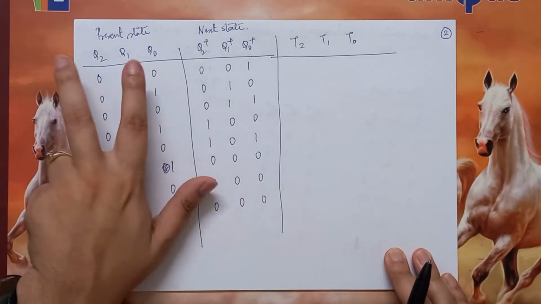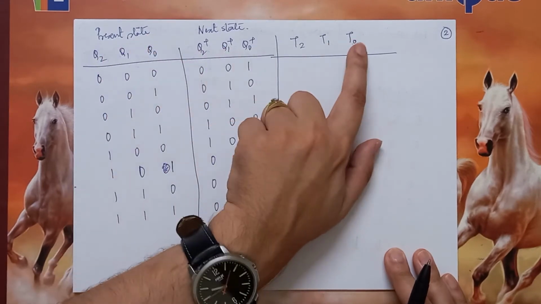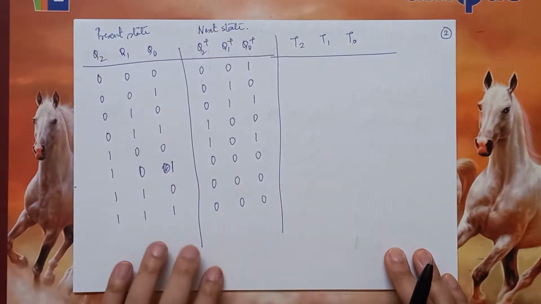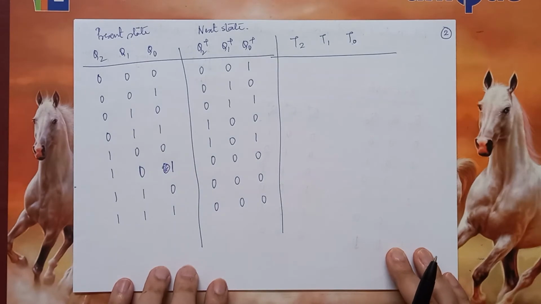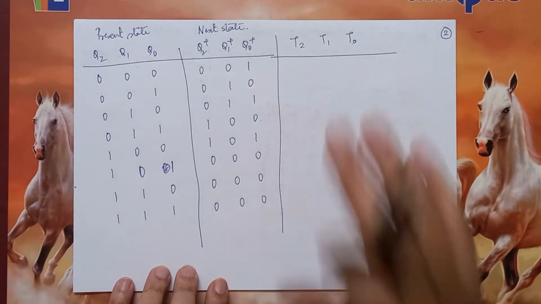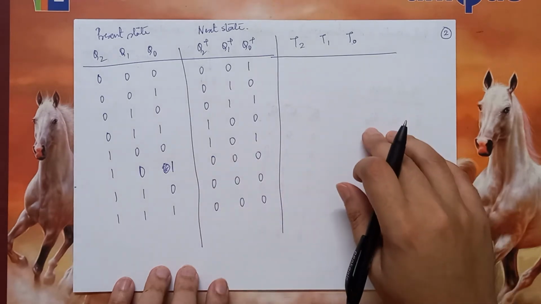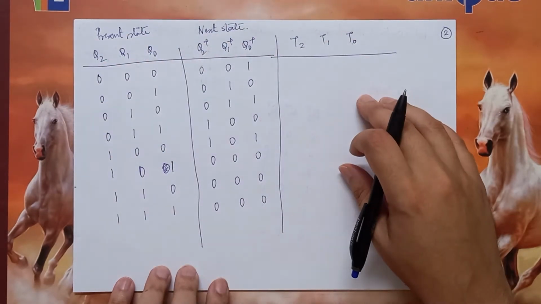So T2 will be governed by Q2 and Q2 plus, T1 by Q1 and Q1 plus, T0 by Q0 and Q0 plus. That is, we are to see the excitation table of the T flip-flop. So I will not write the excitation table again. It is simply an XOR function of the present state and the next state.